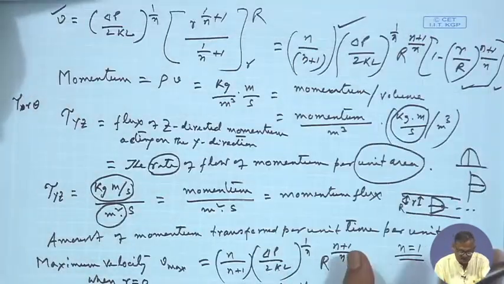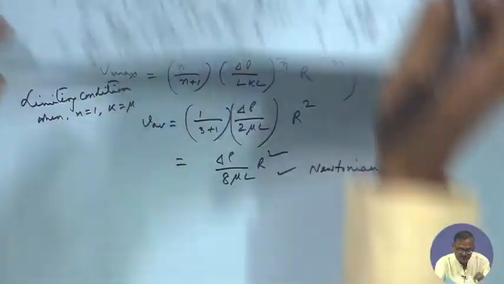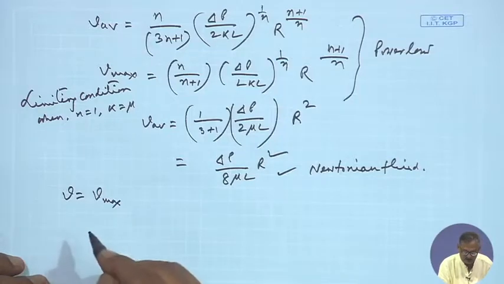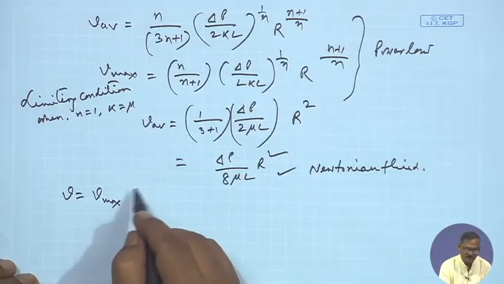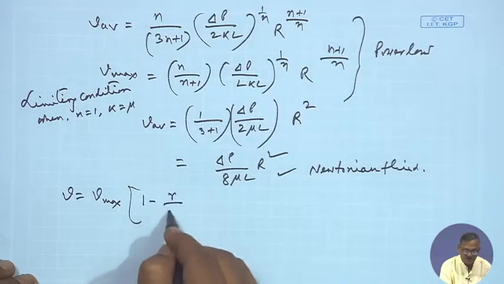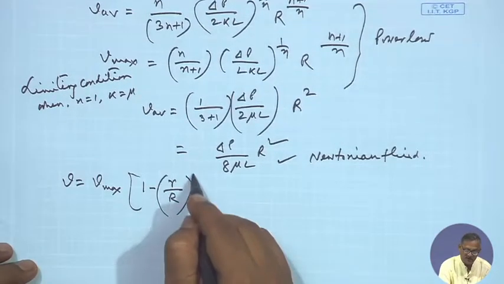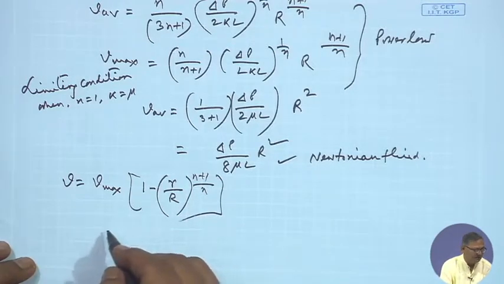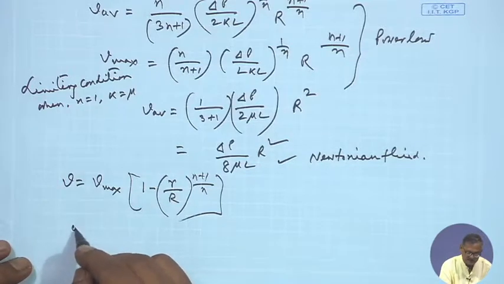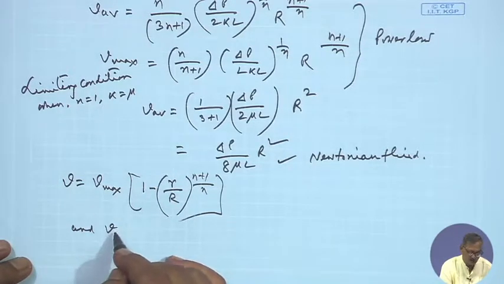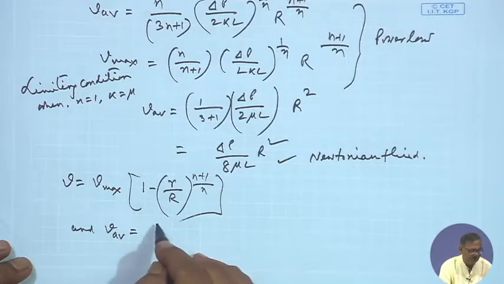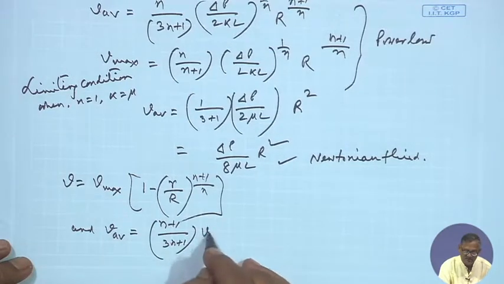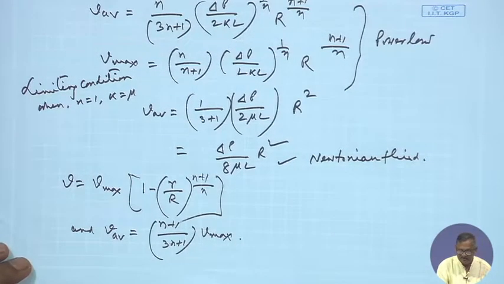So, we can now write that V is equal to V max into 1 minus (r by R) to the power n plus 1 by n, right, and also we can write V average is equal to (n plus 1) by (3n plus 1) into V max, right.